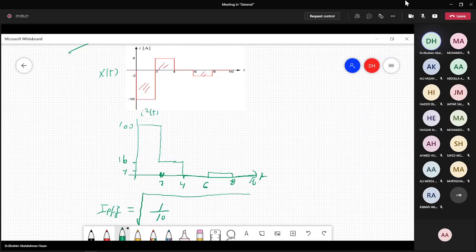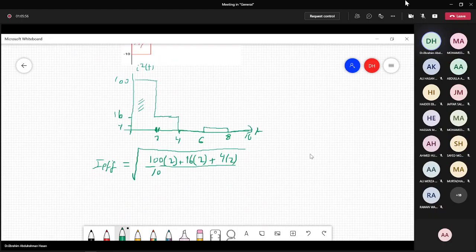Since we have piecewise, it is the area under the curve of I square, which is the area of this part, 100 multiplied by 2, plus the area of this part, 16 multiplied by 2, this is 0, this is 4 multiplied by 2.